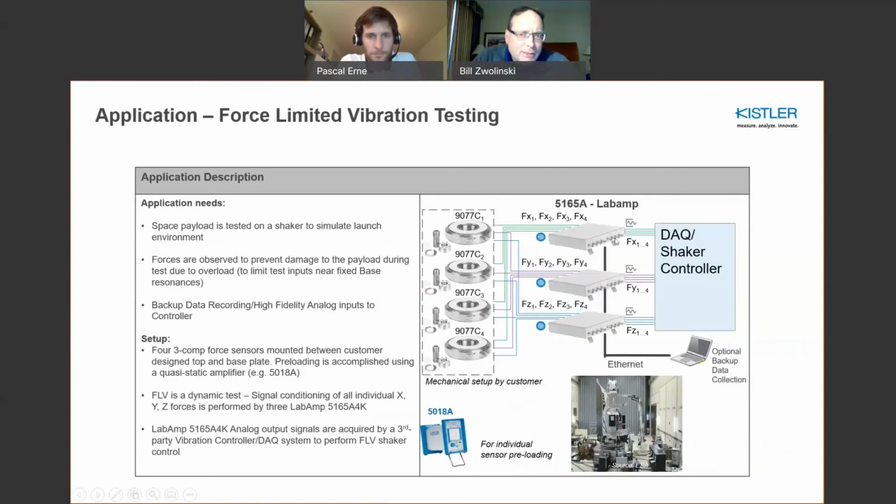In some cases this is being used nowadays to actually take the analog outputs directly into a controller, but because it's an integrated data acquisition system on top of a high fidelity charge amp, you're able to get a backup data collection in the background with very little effort, and create your CSV file for the test that backs up the primary system, if that's of interest. Obviously, because these are dynamic amps, quasi-static amps are needed to preload, and those for sure would be used to be able to build up the platform.